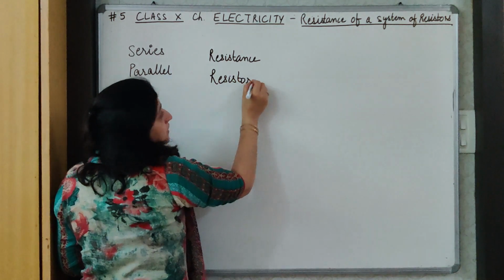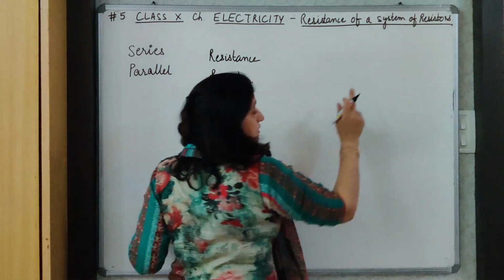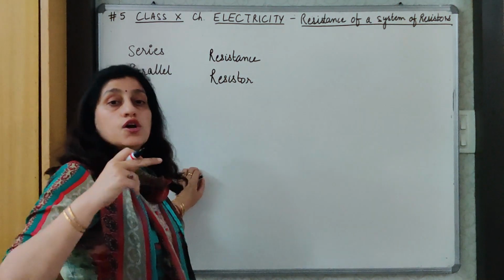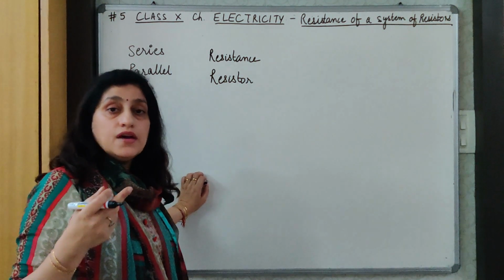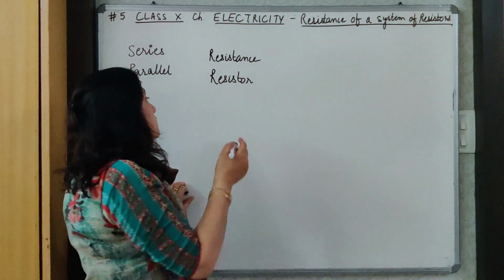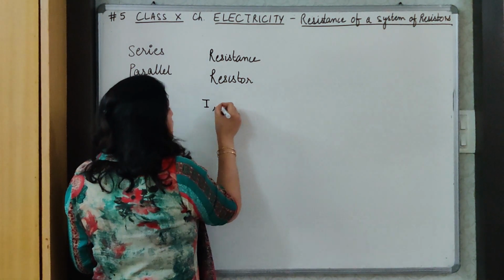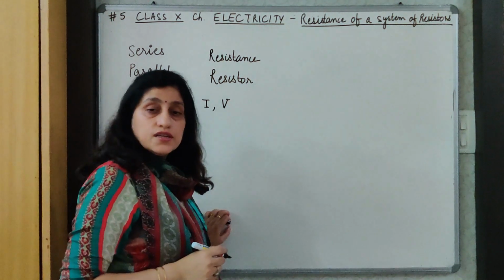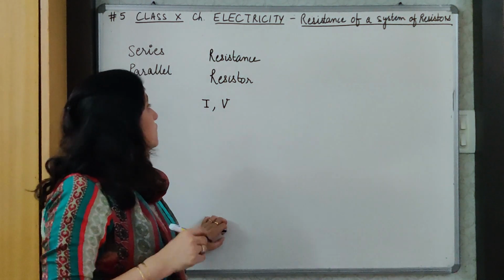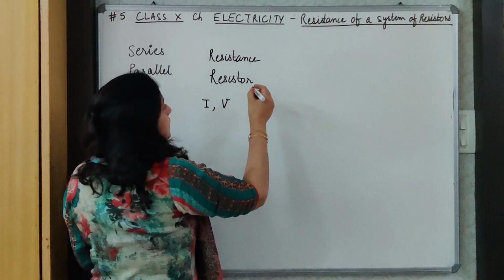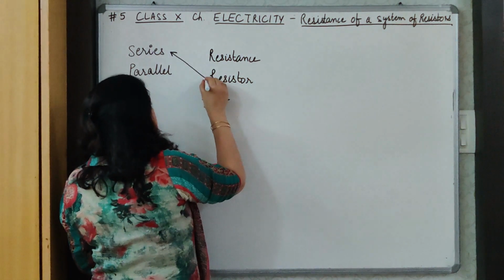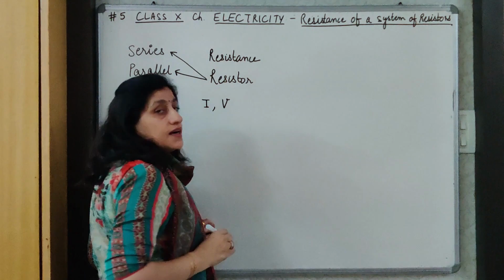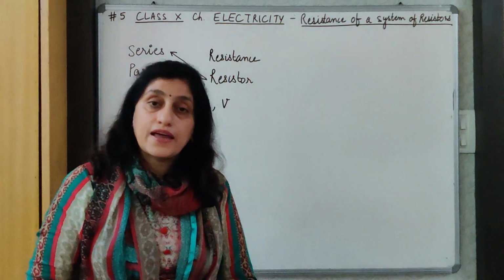And when I say system of resistors, it means that we are taking more than one resistor and we are trying to combine them and then see how the current changes for the given potential difference. Okay, now to connect the resistors we have two methods. One is connecting them in series and the other is connecting them in parallel.